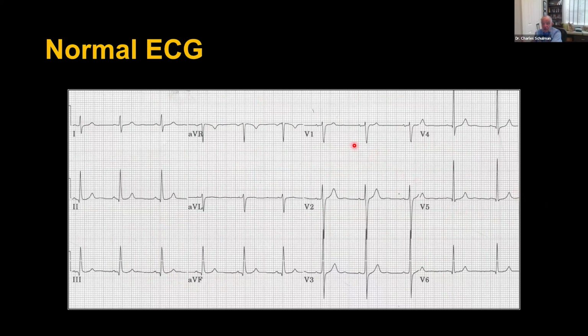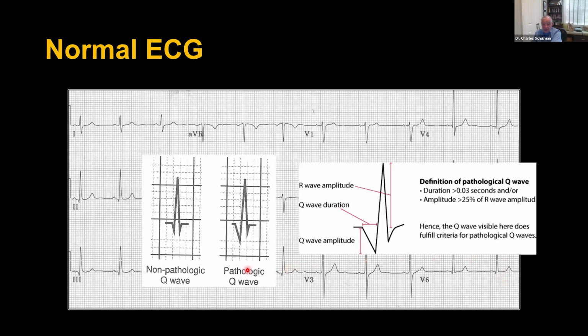So you could have, depending on the exact orientation, a positive deflection in V1 on the right and negative deflections laterally. Okay, these are tiny Q waves, and they're not pathologic. This is how you tell the difference. A pathologic Q wave would be wide and deep, which these are clearly not.